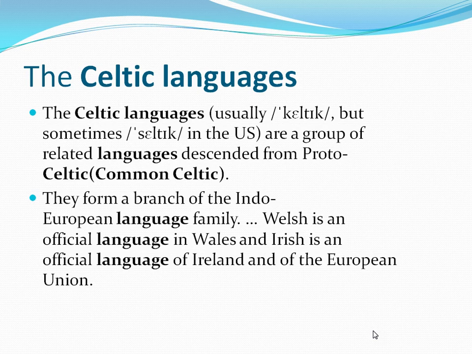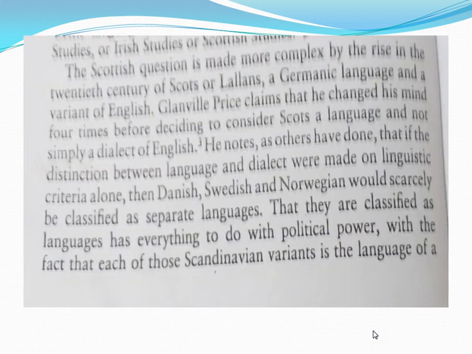Welsh is an official language of Wales, and Irish is an official language of Ireland and of the European Union. So in Ireland they have an official language, Irish. In Wales they have an official language, Welsh. But in all these areas there is an ancient language, called the Celtic language, and Celtic cultures.